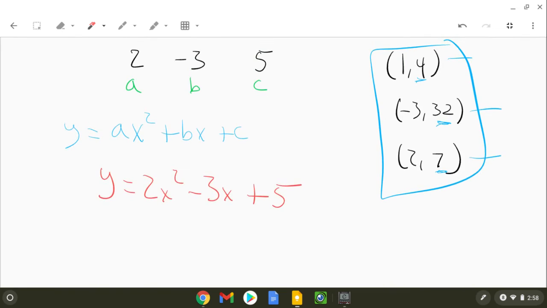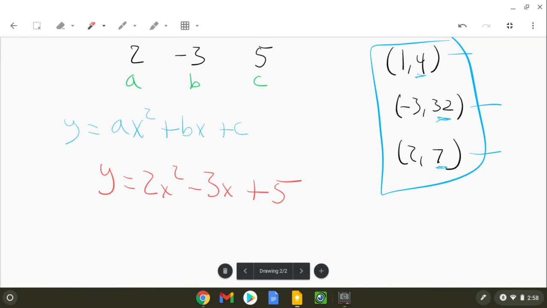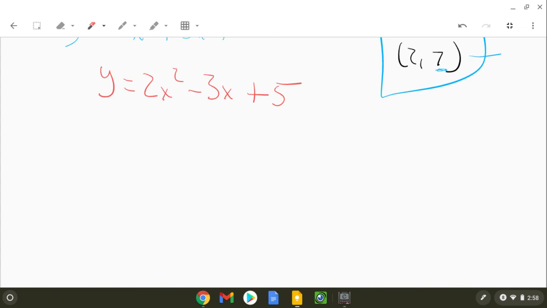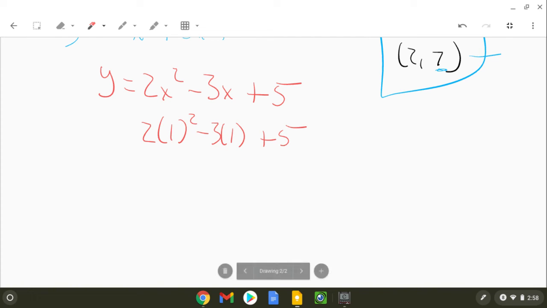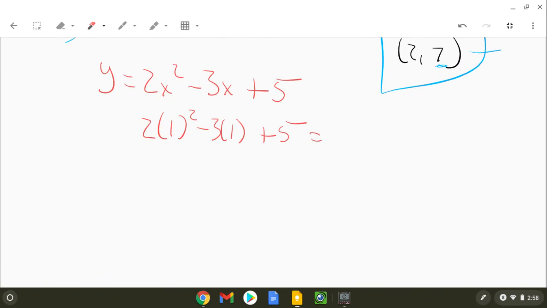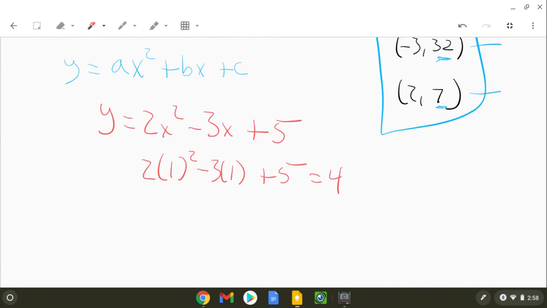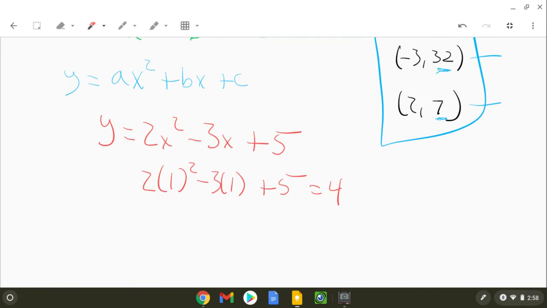And to show that, which is something you're going to have to do on your homework, you're going to plug in 1 for x, and hopefully you get back 4 for y. So you would plug in 1 for x, and then work this out, and you're going to see that it does give back a 4 for y.